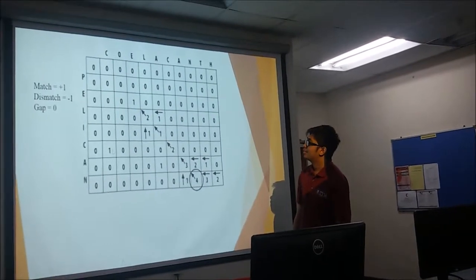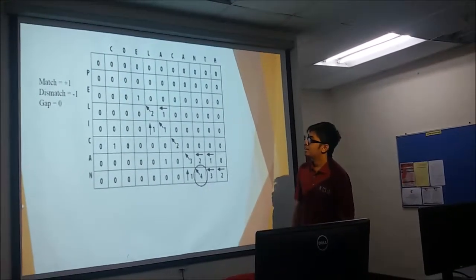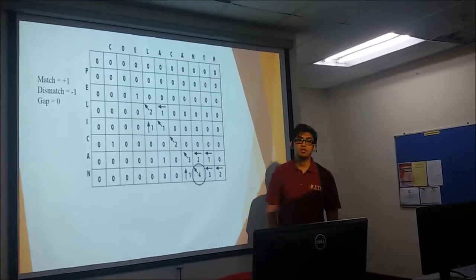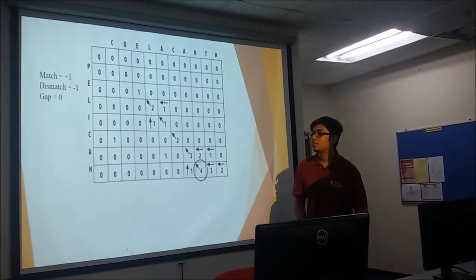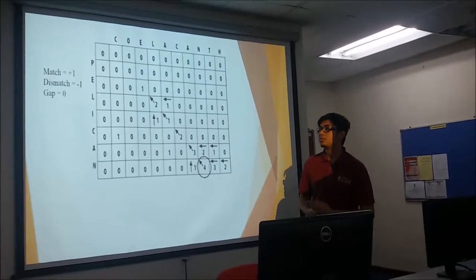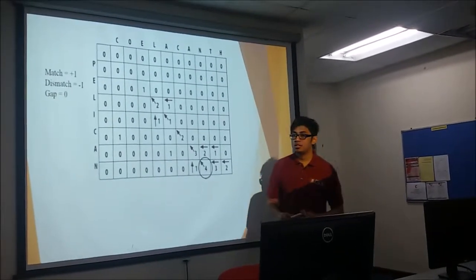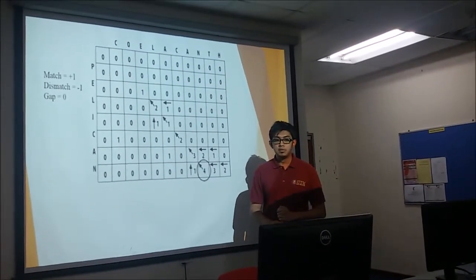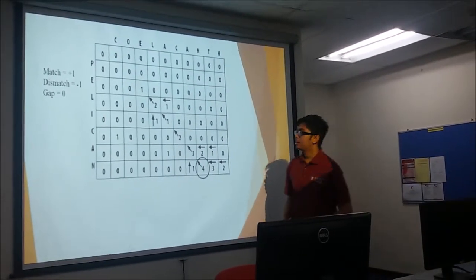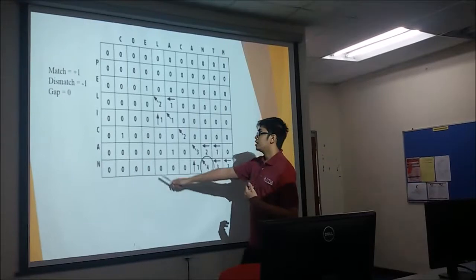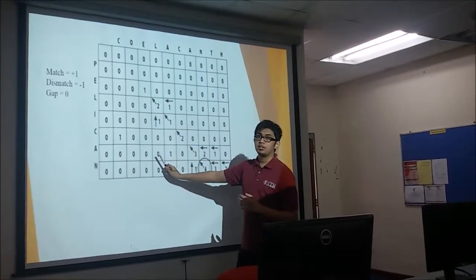Okay. So this one is actually the second method, which is Smith-Waterman. Basically, Smith-Waterman has the same rules as Needleman-Wunsch, except that Smith-Waterman cannot have a negative value. So that is why we can see that there is no negative value over here.